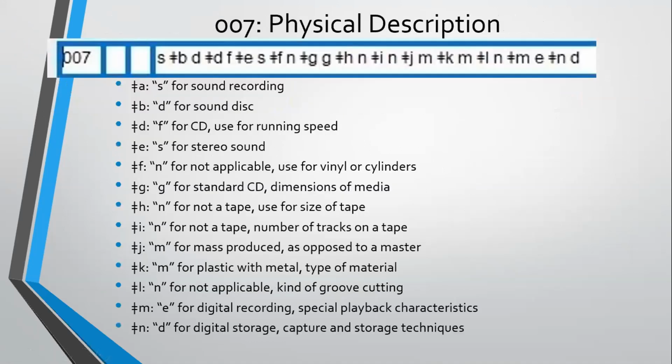All right, then just like with video recordings, we have a whole slew of codes that we need to include to really get down into a more nitty-gritty physical description, describing what this thing is. There are a lot of them, and I don't think this was said before, but in these subfield codes, subfield B, D, E, F here, these are an OCLC thing.